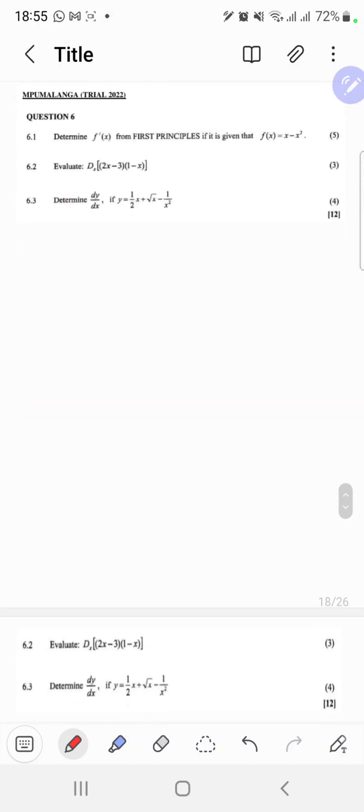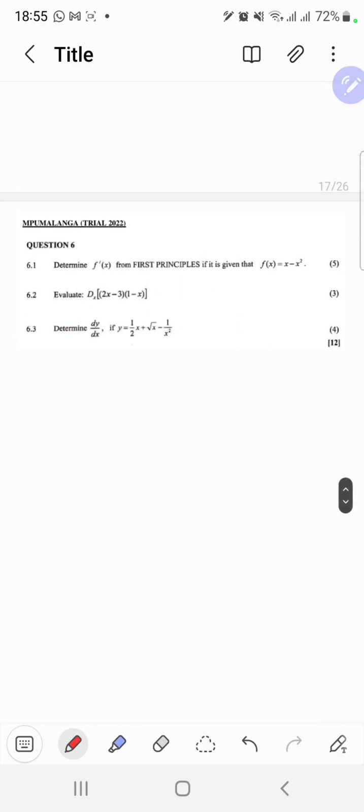Okay guys, let's just keep moving. We are almost there. So differential calculus, we're going to derive from first principles. So 6.1 is what you all know.